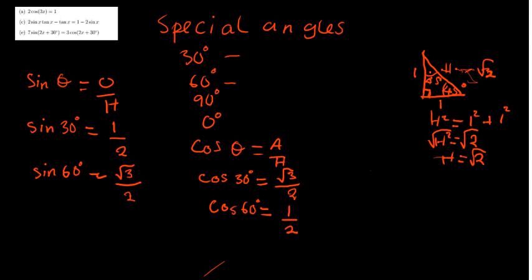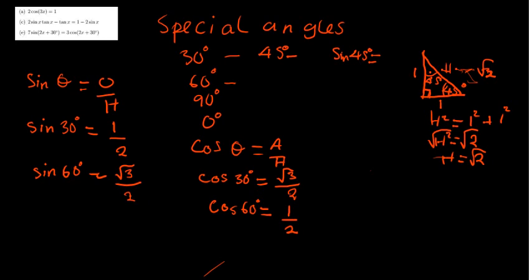Now from this we can find the sine ratio considering the angle 45. I forgot to include 45 degrees, it's also part of the special angles. So let's start with sine 45. We know that sine theta is equal to opposite over hypotenuse.